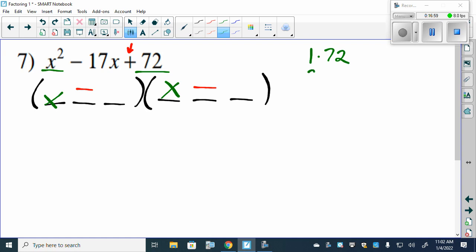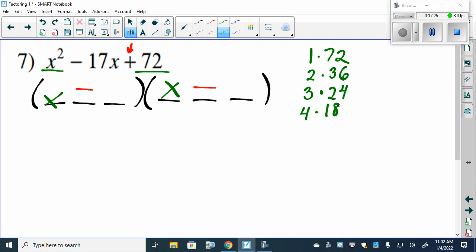We'll also have 2 and 36, 3 and 24, 4, I don't think will work. No, 4 and 18.